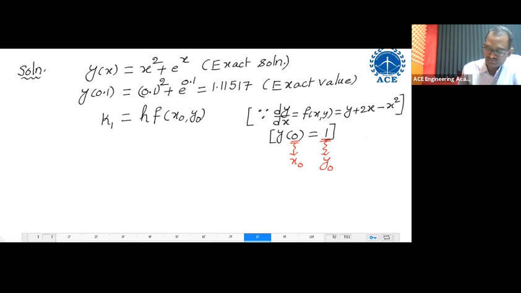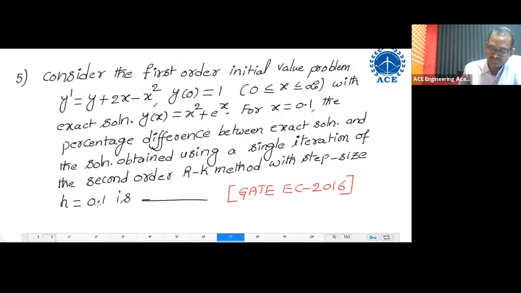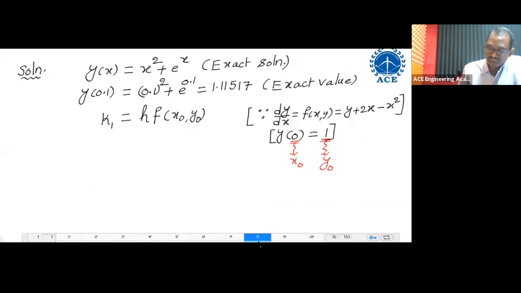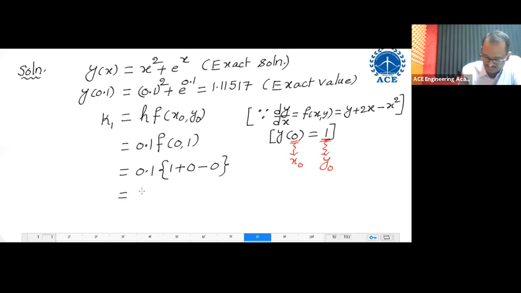The h value was given already, h value 0.1. f of x0 0, y0 1: f of 0 comma 1, x value 0, y value 1. 1 plus 2 into 0 minus 0 square, that is 1, so k1 is 0.1.